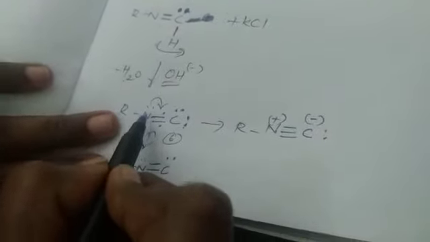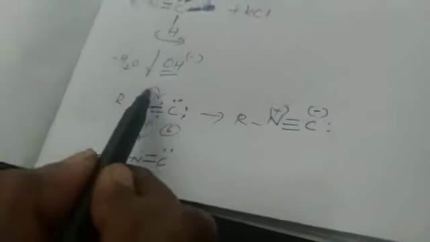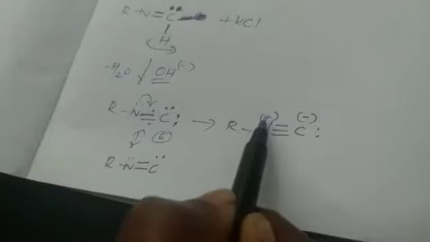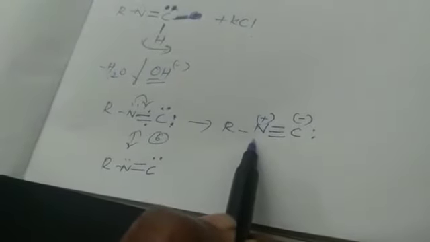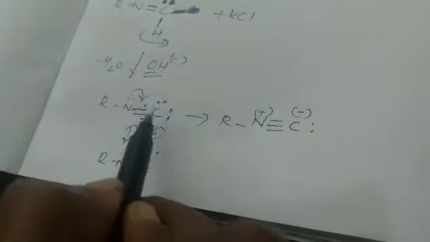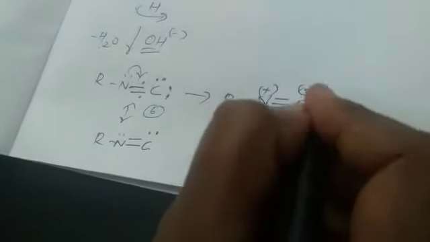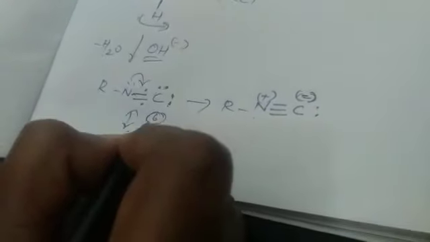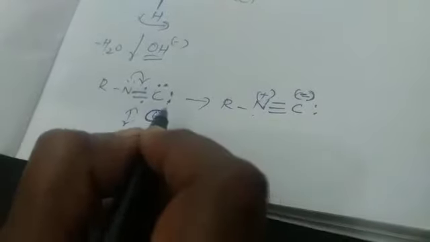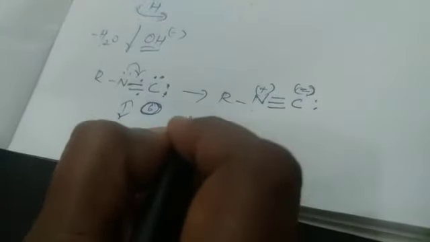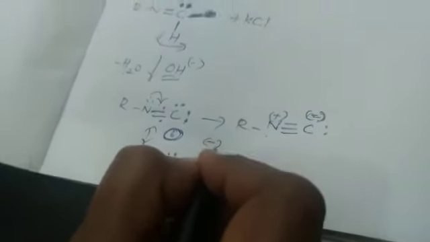Already nitrogen is having one lone pair of electrons. If you are shifting this lone pair of electrons towards carbon, the nitrogen will have a positive charge and carbon will have a negative charge here. So totally there are 6 electrons in this. Carbon needs a valency of 4, so there is only one excess pair of electrons.